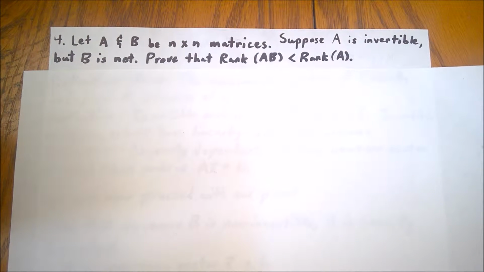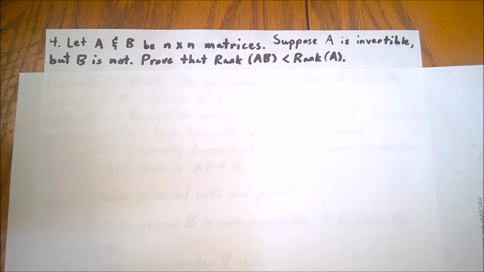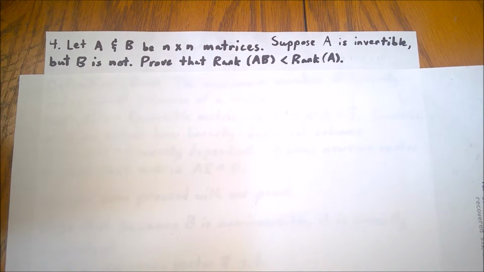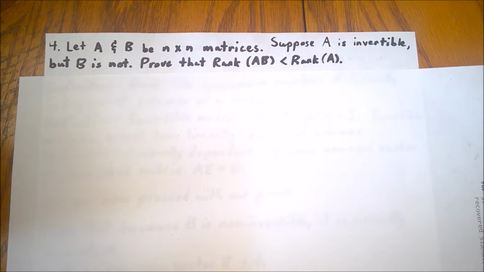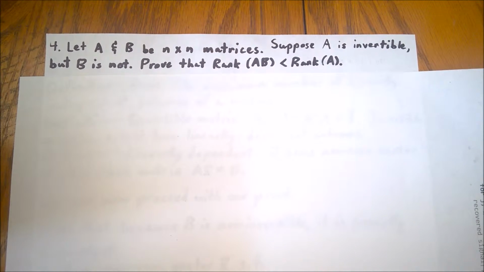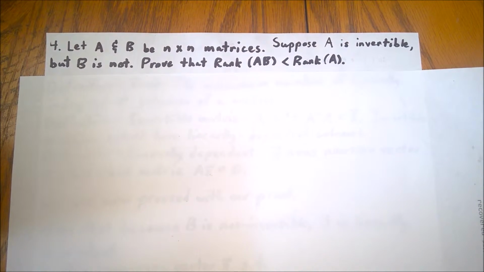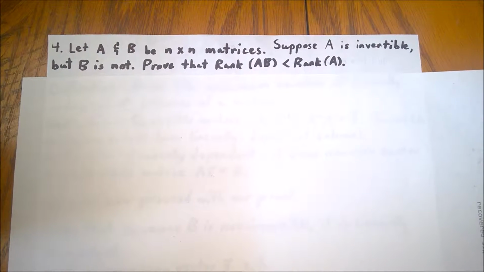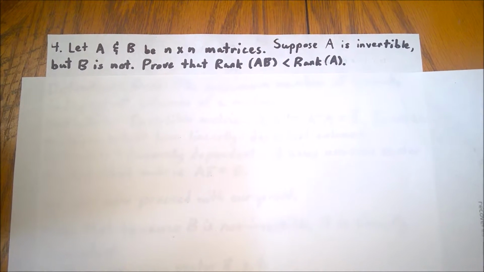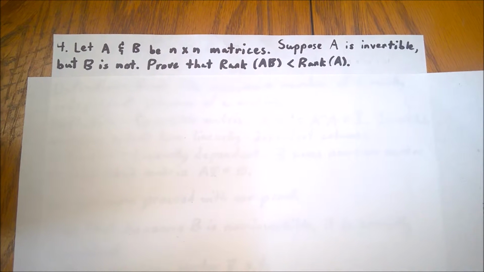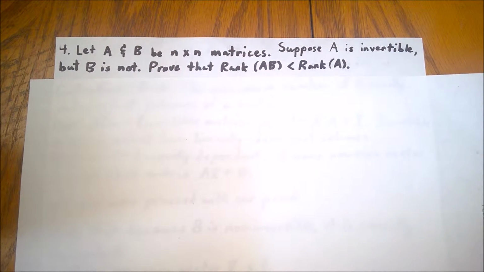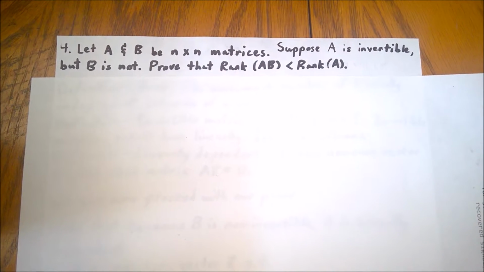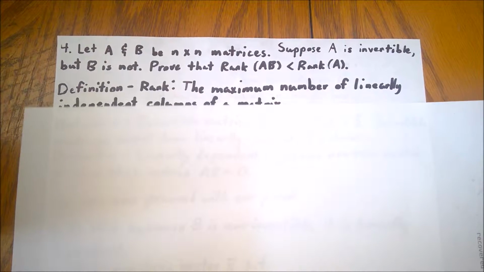Okay, so we're tackling number 4 now, which is this question right here, which is let A and B be n by n matrices. Suppose A is invertible, but B is not. Prove that rank of AB is less than the rank of A. Okay, so in order to tackle this question properly, we need to have a few definitions in mind first.